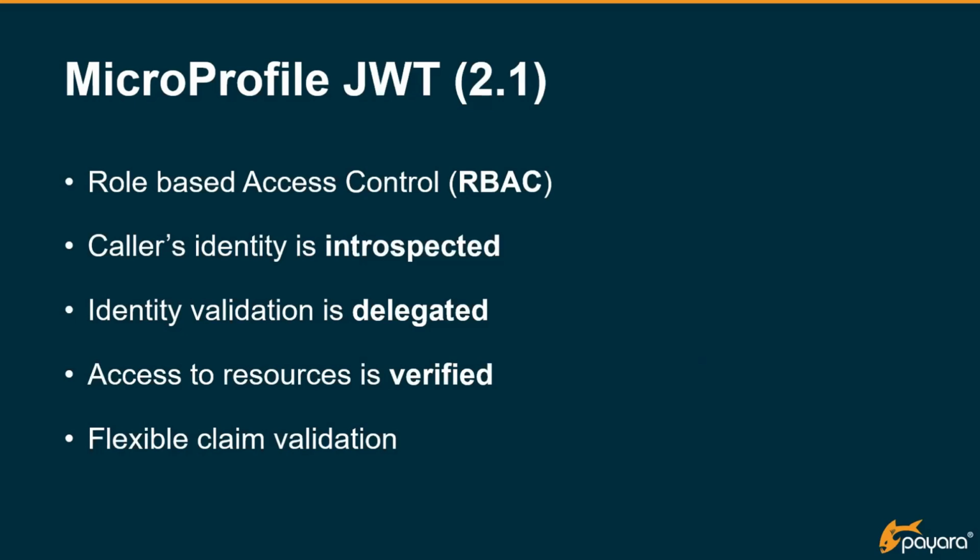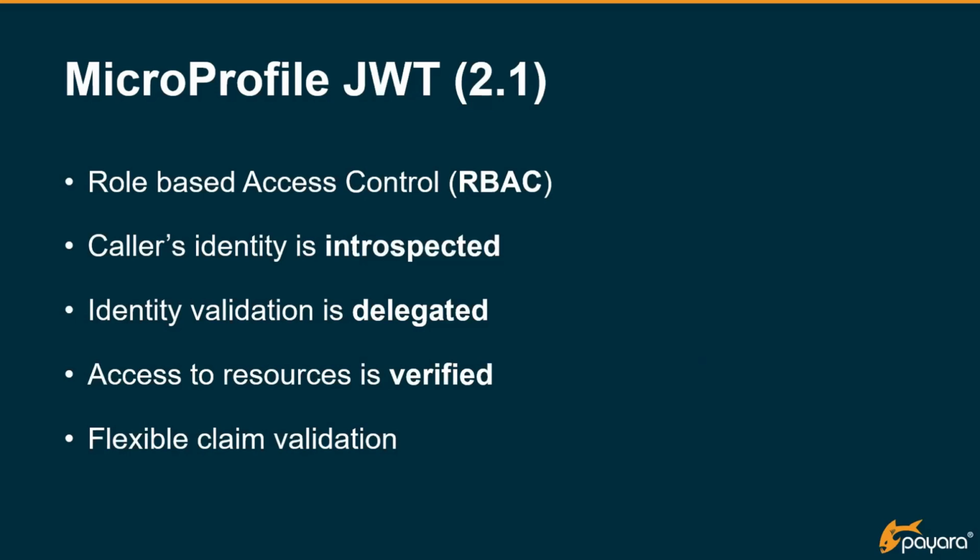To do this, the JWT, in this case the token, is validated in a three-step scenario. First, the call's identity is introspected. That means, let me grab that identity and see what it contains. Then I delegate the validation of that identity to my identity provider, which in this case is Keycloak.